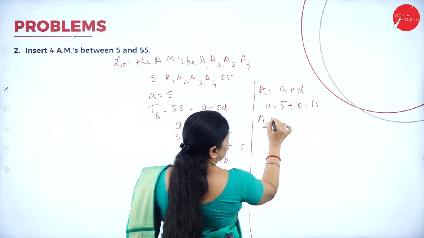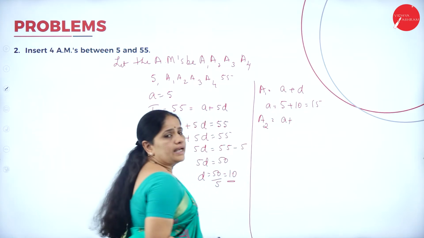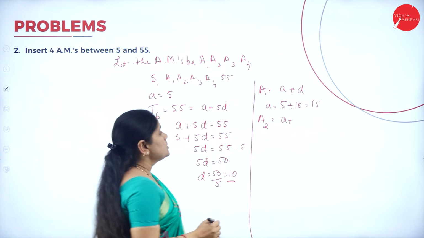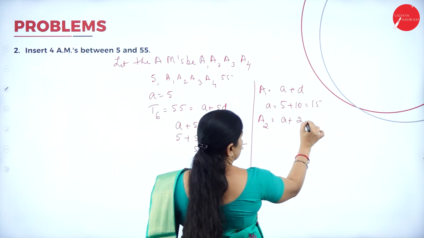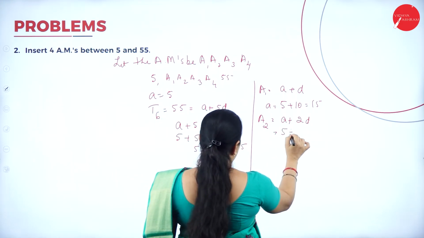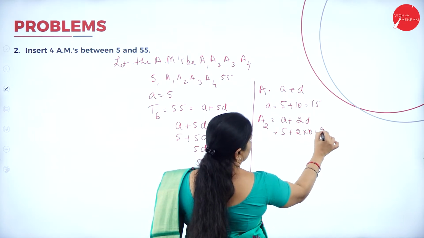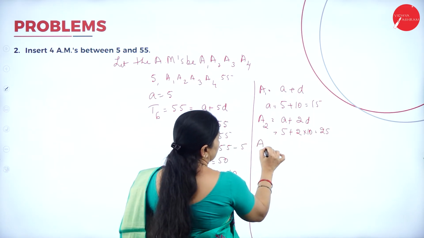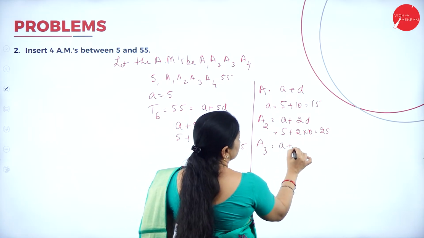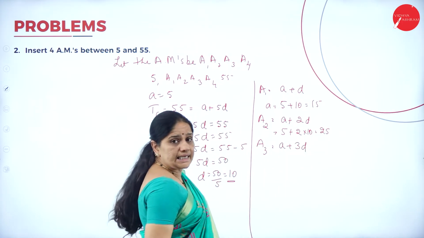So A2 will be equal to A plus 2D. So this will be equal to 5 plus 2 into 10, 25. Then A3 will be equal to A plus 3D.